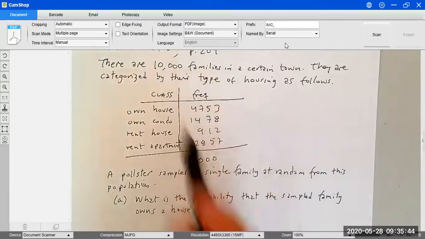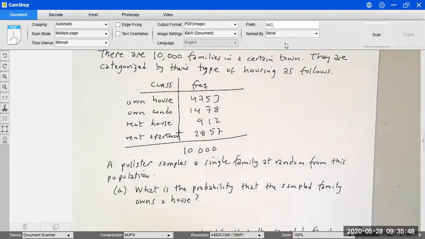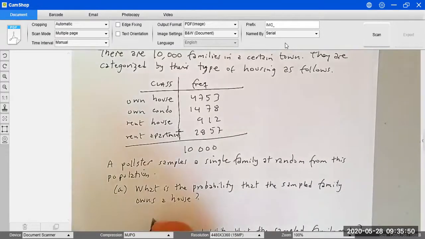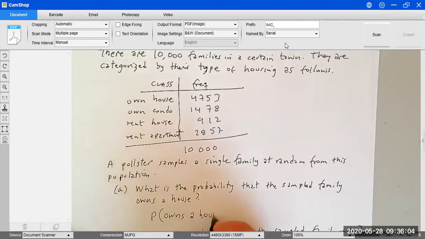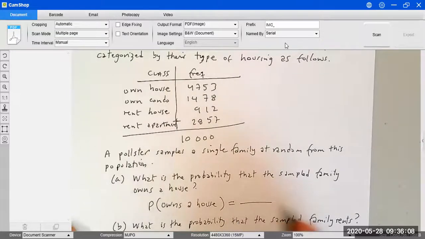So the first question is, what is the probability that the sample family owns a house? So we're going to write the probability that the family owns a house.